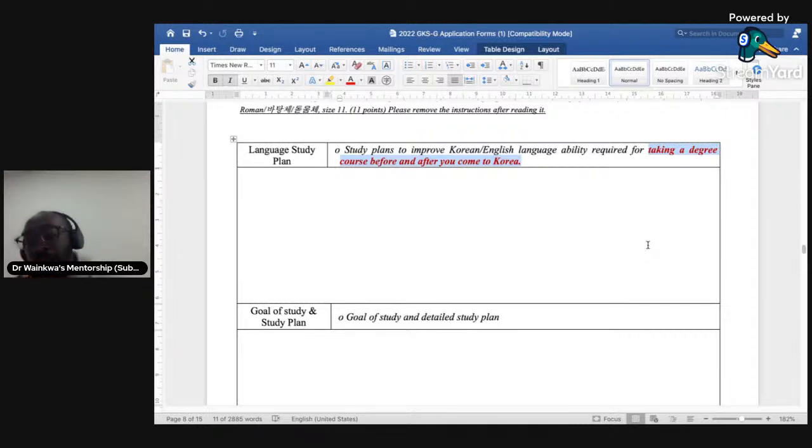Okay. Then, if your program is taught in English, the question here is they're asking how you are going to improve your English ability when you're taking the degree course or after you come to Korea. So how do you plan to improve your English or your Korean after you come here? That is before and after.